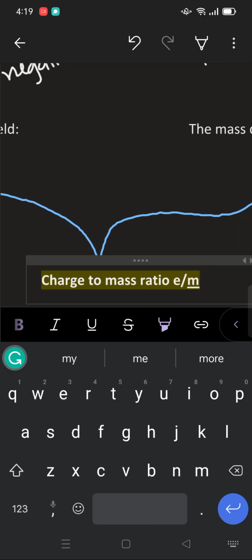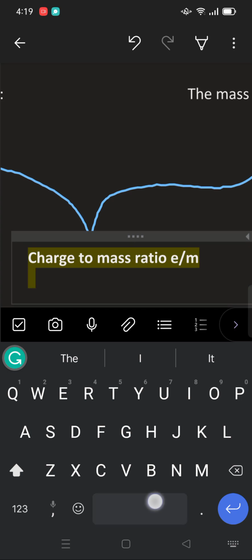And what is the charge to mass ratio of positive rays? It is 9.54 into 10 to the power 7 coulomb per kg.